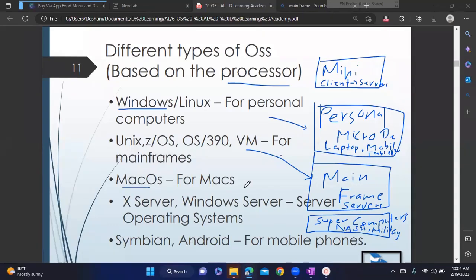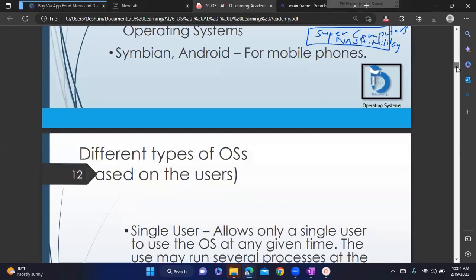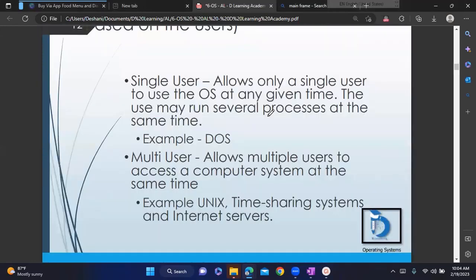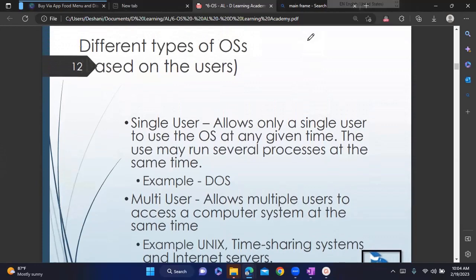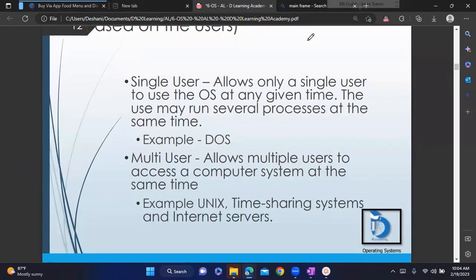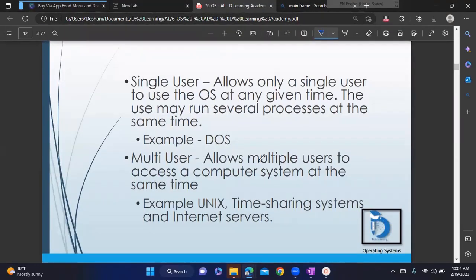All right, great. I didn't write any note for that because it's not required as much as other things. But just in case, you can see how this is mapped based on the users. It is single user and multi-user.